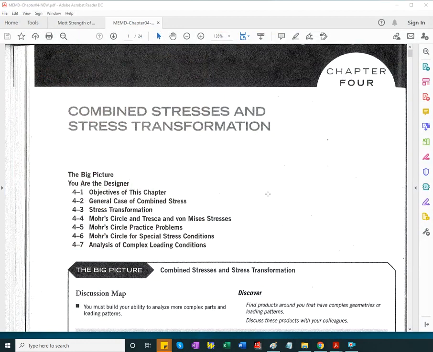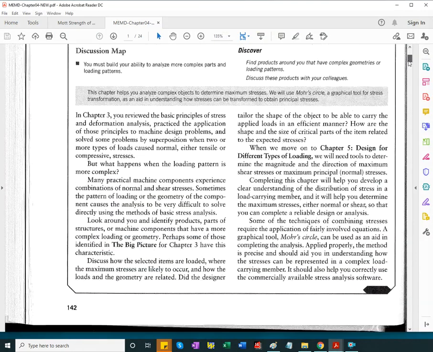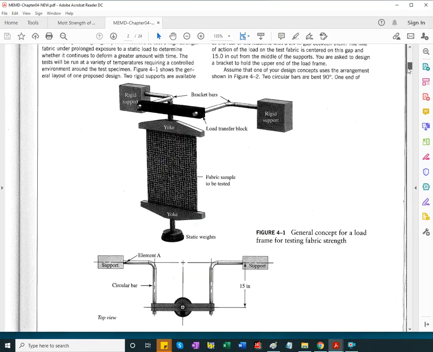Okay, so combined stresses. In machine elements, we oftentimes have cases of combination of bending and torsion. It's common for shafts transmitting torque to also be subject to forces that are perpendicular to their longitudinal axis.